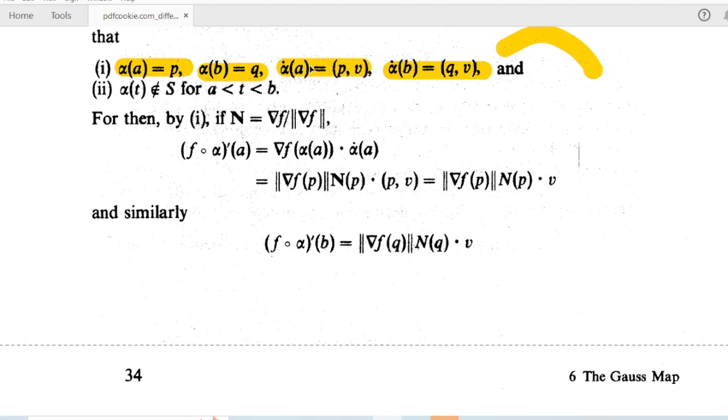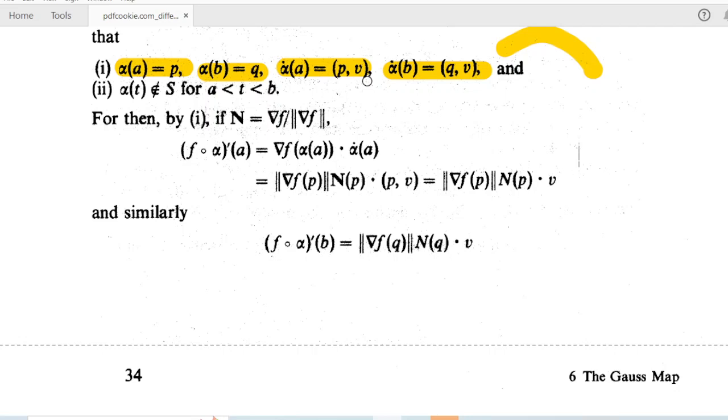The reason is that alpha dot of a is alpha of a comma some vector, and alpha dot of b is alpha of b comma some vector. So here we have chosen alpha dot to be the vector V. These are taken as tangent vectors: the tangent vectors at a and b are both taken as the vector V. And alpha of t does not belong to S when t lies between a and b.